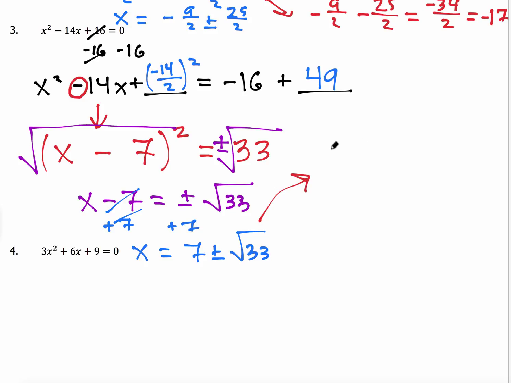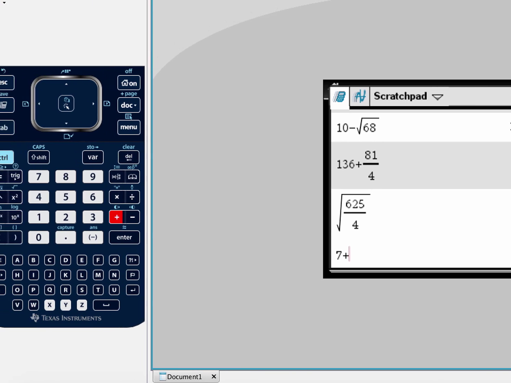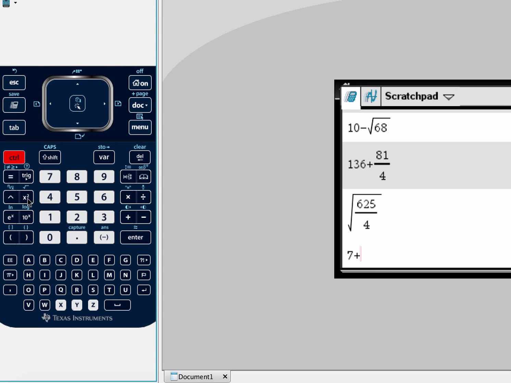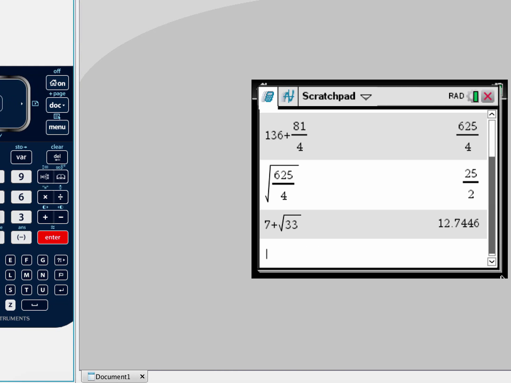So on your calculator, go ahead and do 7 plus the square root of 33 and 7 minus the square root of 33. Okay, 7 plus the square root of 33 gives us 12.74.